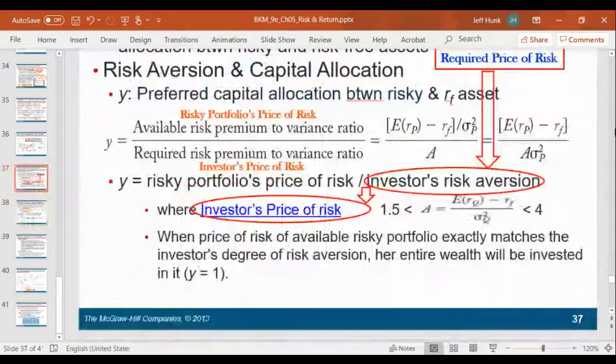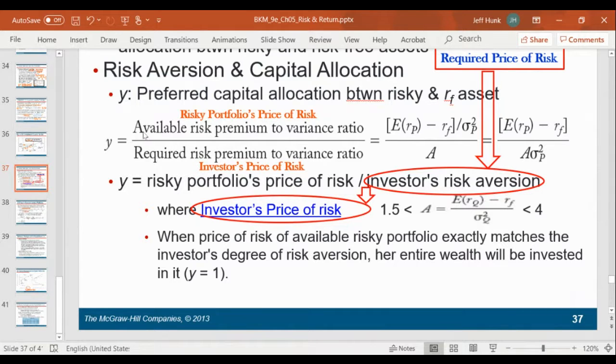If we include the risk, that proportion y is basically the risky portfolio's price of risk over the investor's price of risk.